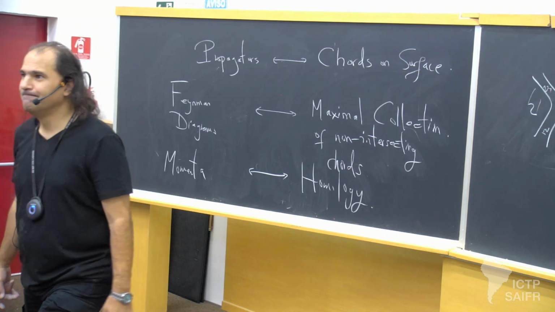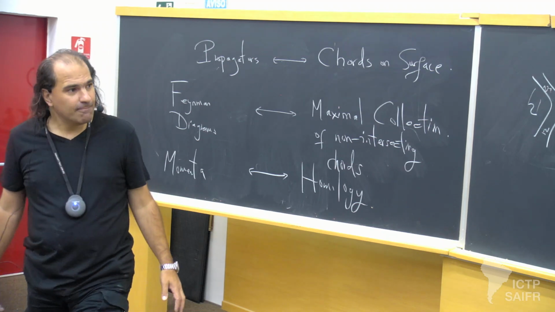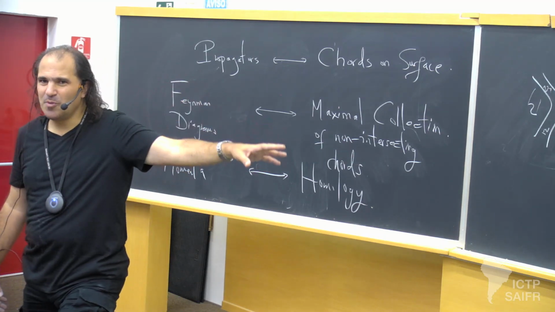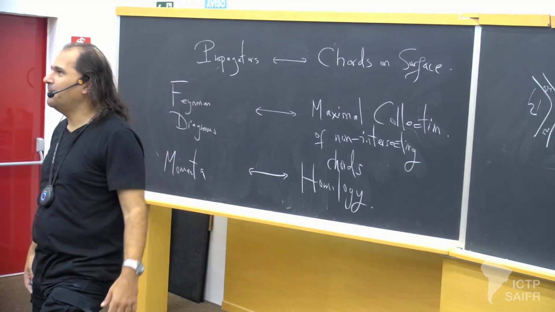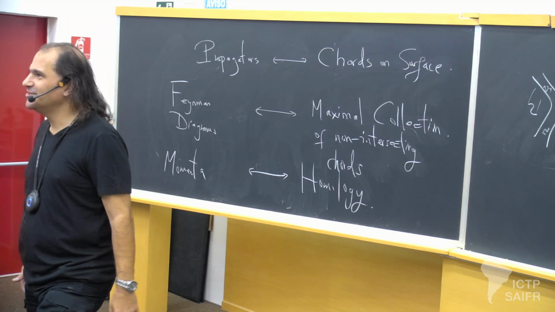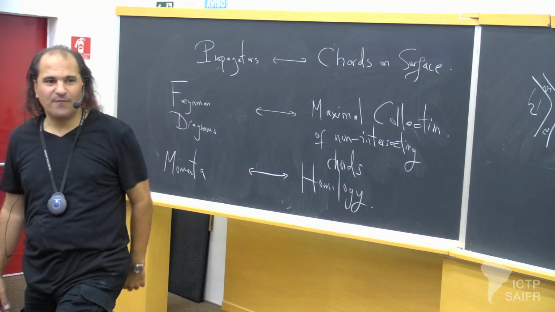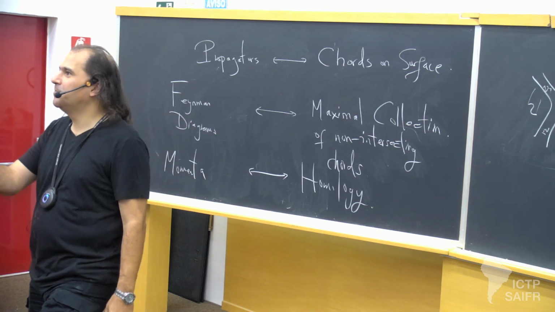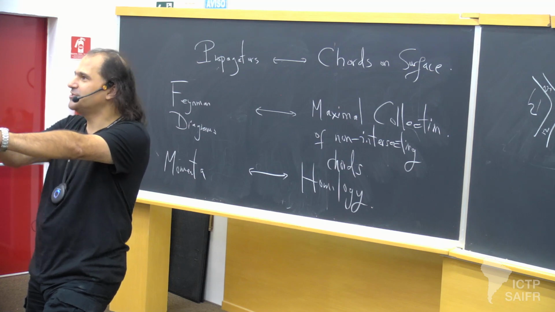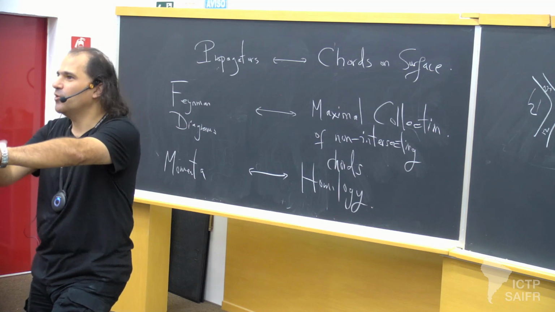So eventually, we're not going to talk about it so much today, you have to figure out how to keep one copy of all these diagrams. At the level of the surfaces, we want to mod out by this obvious symmetry, where you take the interior annulus and you just spin it some number of times.